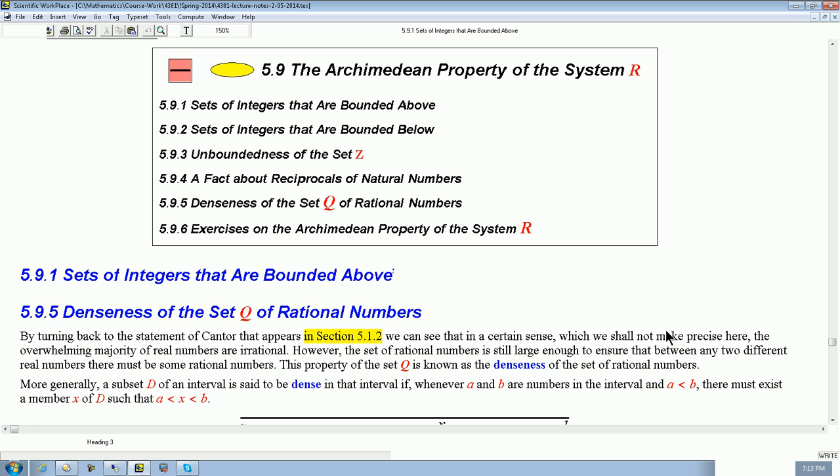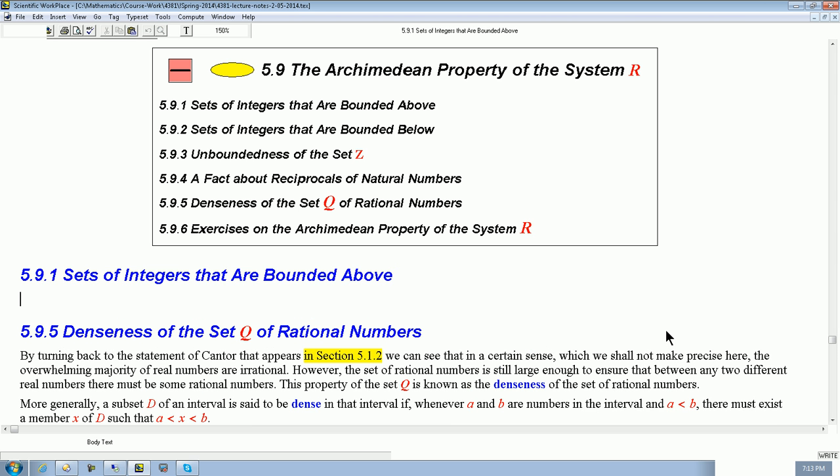Well, of course, the set might be empty, right? It's boring. Okay, I'm going to tell you what I have in mind. We assume that S is a set of integers. Integers, okay?